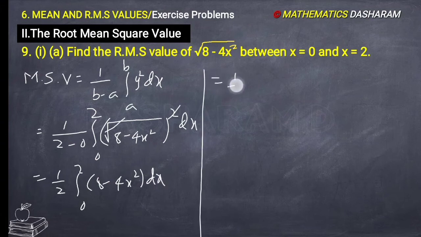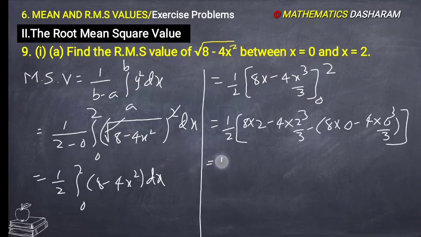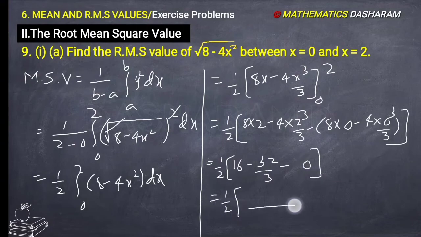Now it is equal to 1 by 2. Integration of 8 is 8x minus 4 into integration of x square is x cube by 3, 0 to 2. Now substitute the upper and lower limits. So it is equal to 1 by 2 bracket of 8 2s are 16, 2 cube is 8, 8 4s are 32 by 3, minus the lower limit total is 0. So 1 by 2, 3 is the LCM, 16 3s are 48 minus 32.